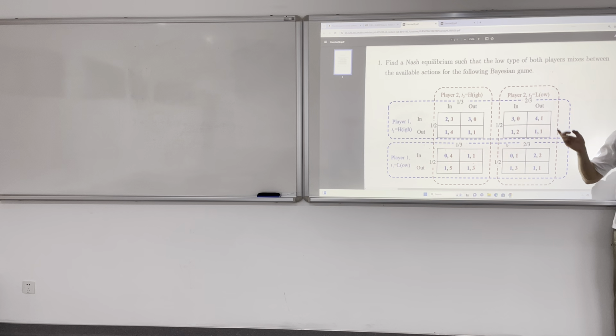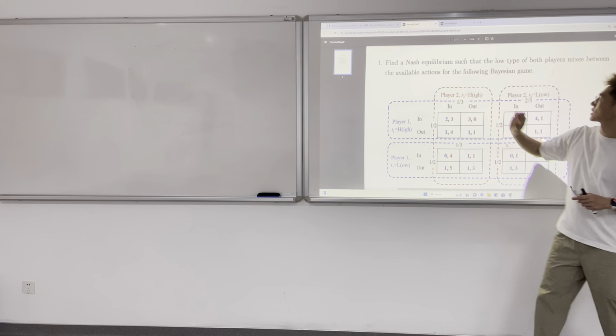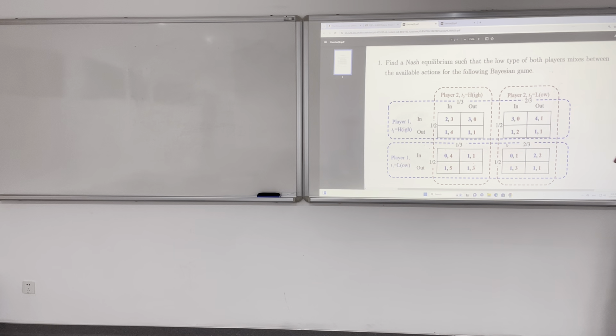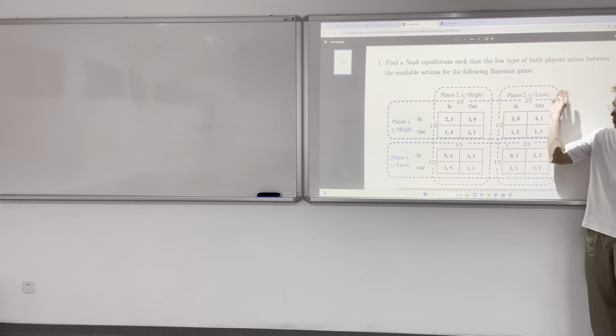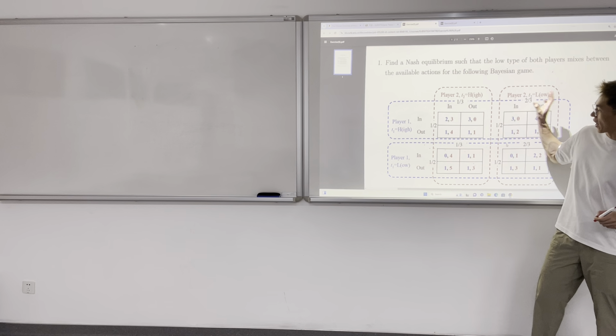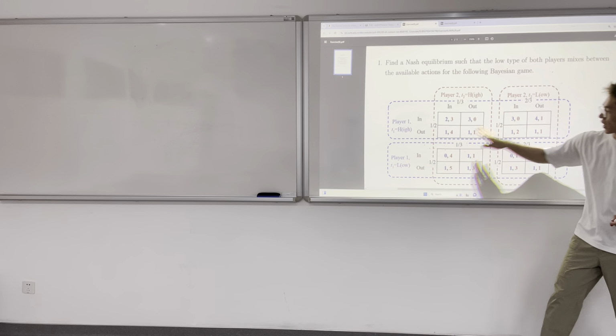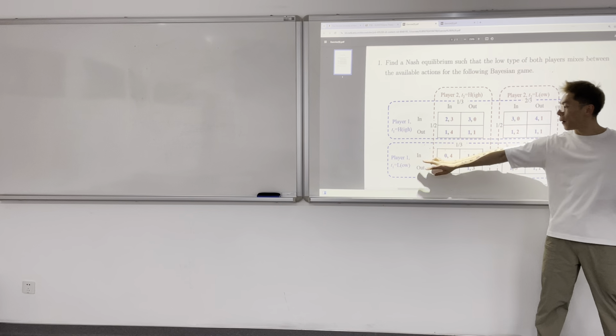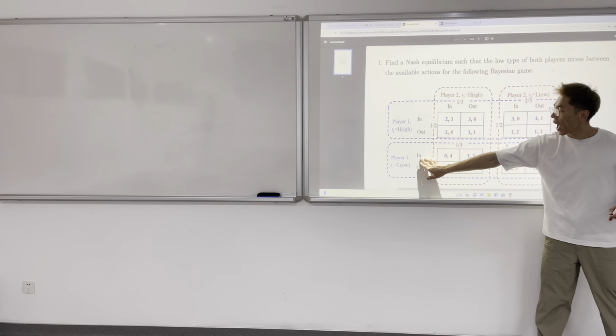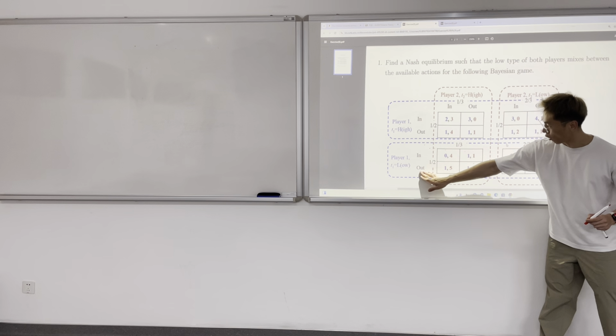Okay, so in this video, I'm going to explain an exercise on a Bayesian game. In this exercise, we need to find a Nash equilibrium such that the low type of both players mixes between the available actions for the following Bayesian game. That means we need to find what both low types will play: a mixed strategy between action in and action out.